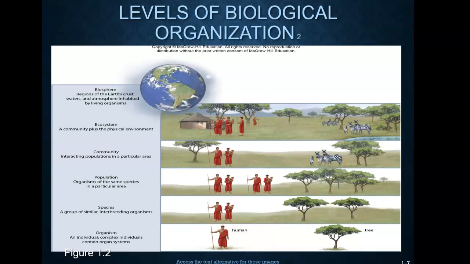So the biosphere basically is any area, whether it's in the earth's crust, in the water, or even in the air or the atmosphere. Any area that can sustain life constitutes a biosphere.